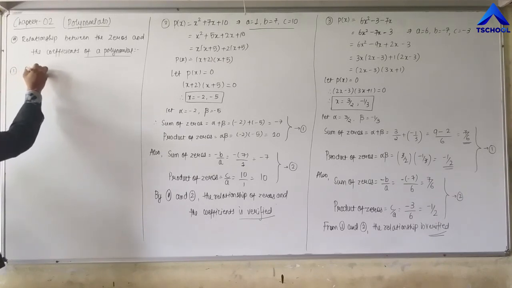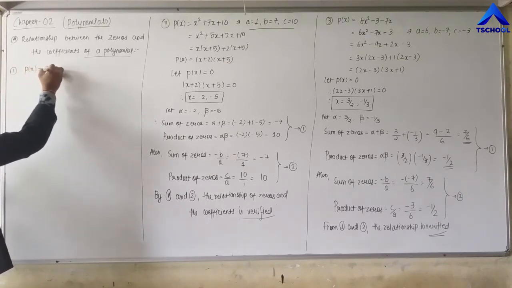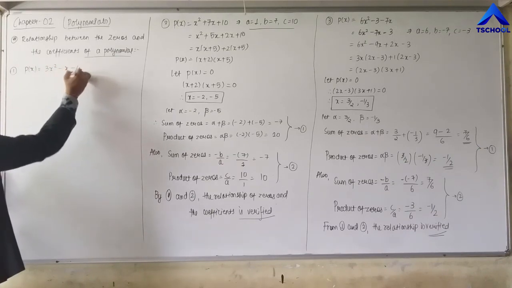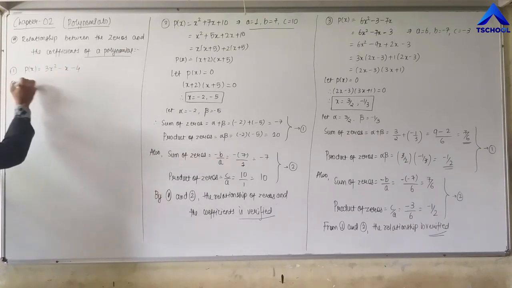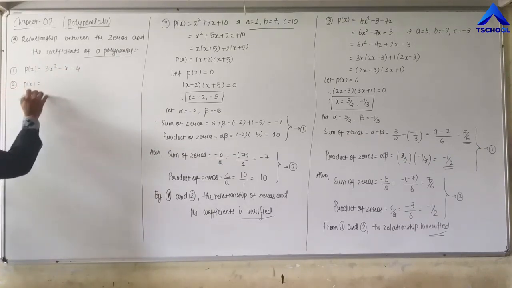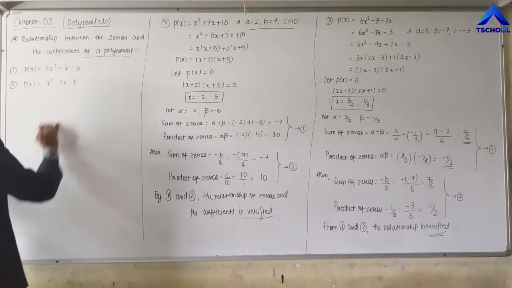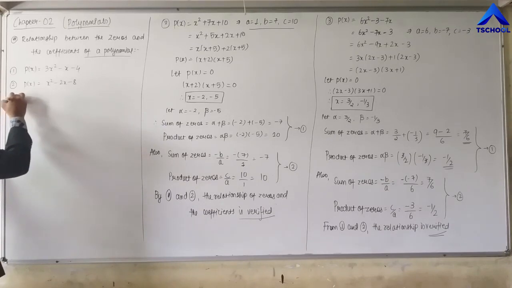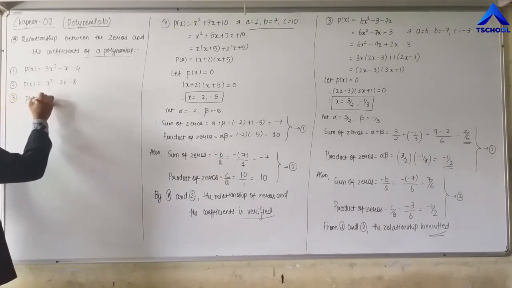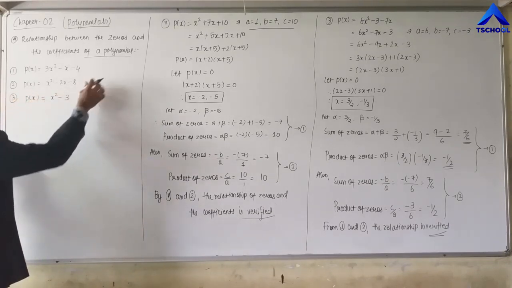We have p of x equals 3x square minus x minus 4. The second polynomial given to you is x square minus 2x minus 8. And the third one, which is quite an important one, is x square minus 3.